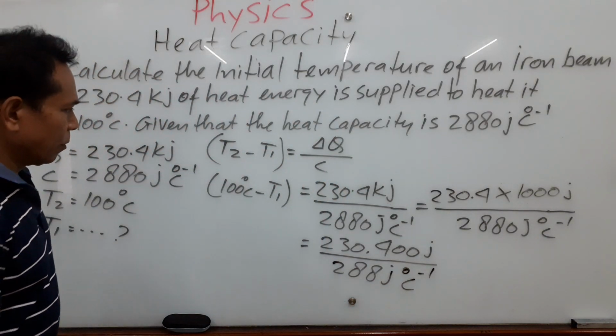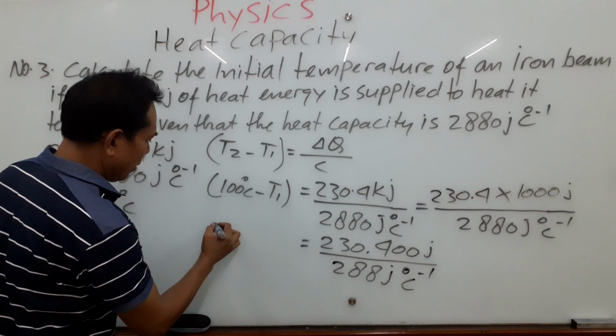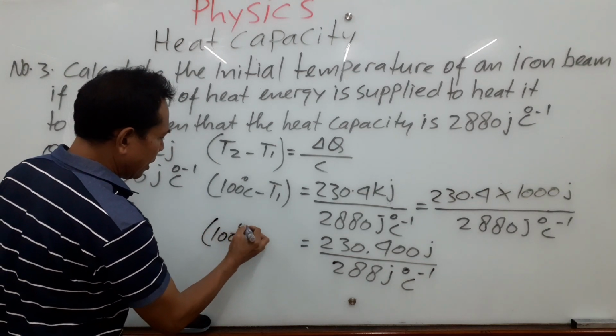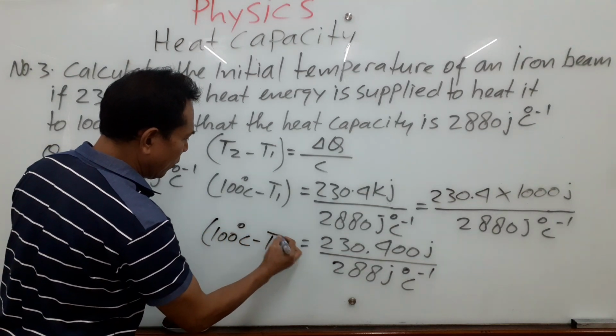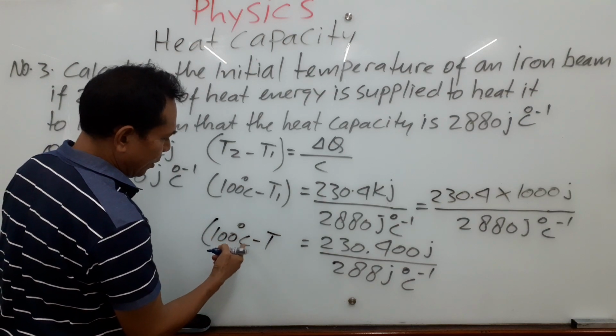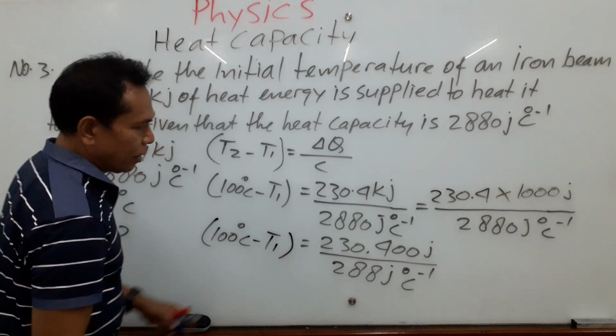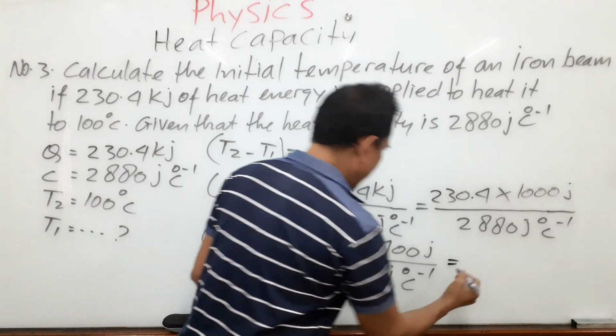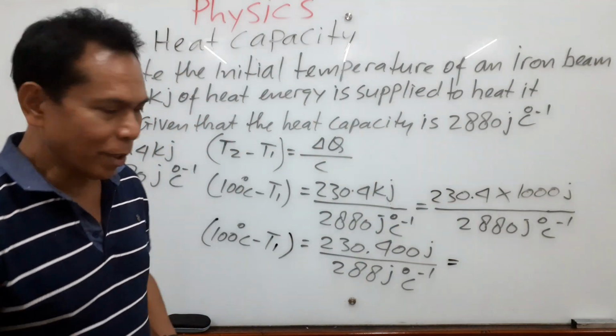So we put here 100 degrees Celsius minus T1 equals this. Now we divide the number.